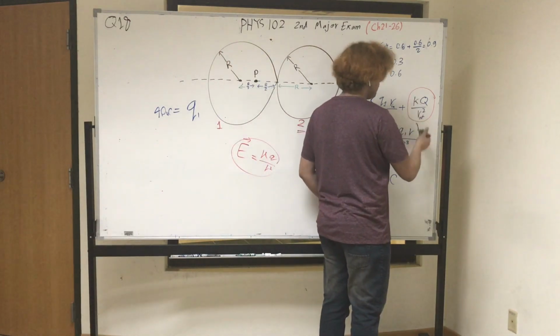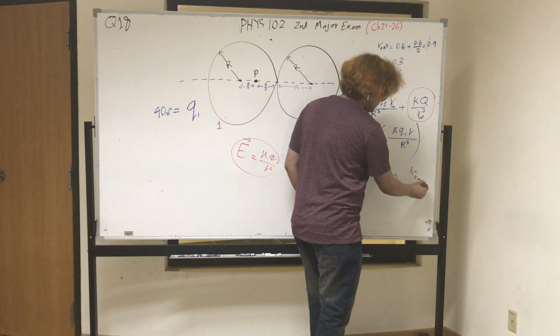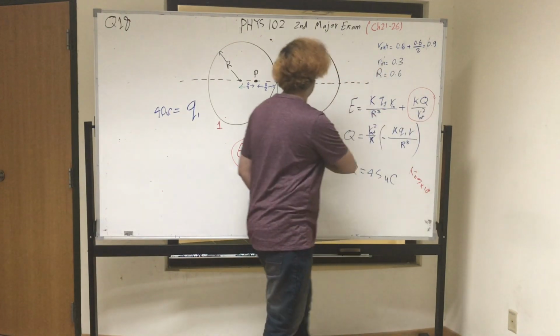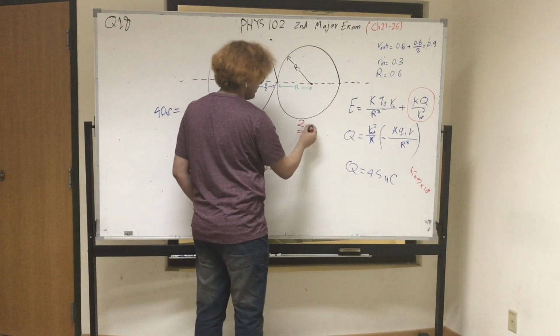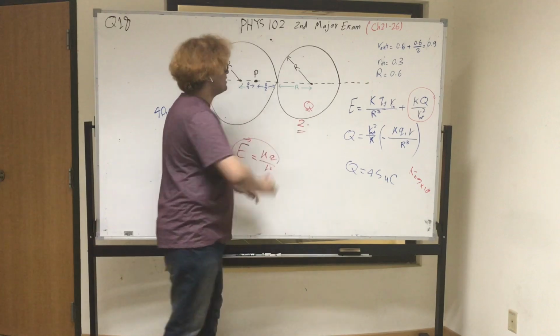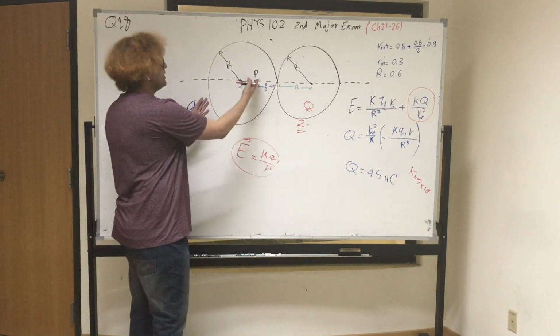K is our constant, it's just 9, so K is equal to 9 times 10 to the 9. And Q here is the charge of this sphere, Q. And by the way, this is the value we're trying to solve for, given that the electric field is 0 at point P.